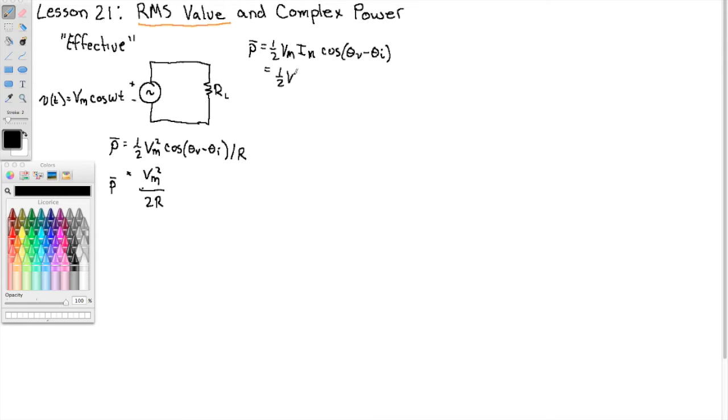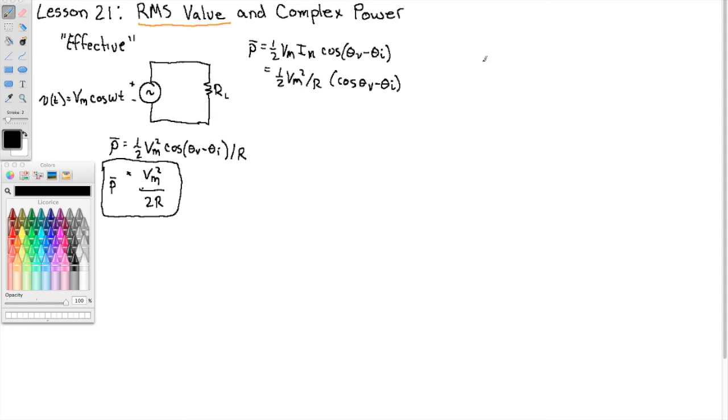So this is 1/2 Vm squared over R, and then separately times the cosine. That's why that divided by R came about there. Anyway, this is the average power absorbed by that resistor. So now let me ask you the following question.